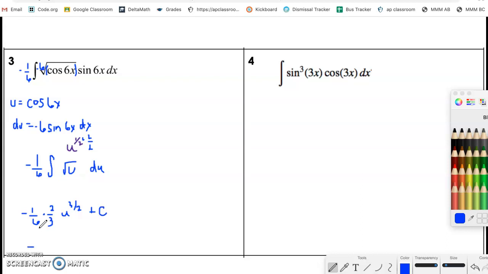So this, multiply that, and it'll be -1 over 9. My u, I'm going to substitute back in, so it'll be cos 6x to the 3 over 2 plus c.